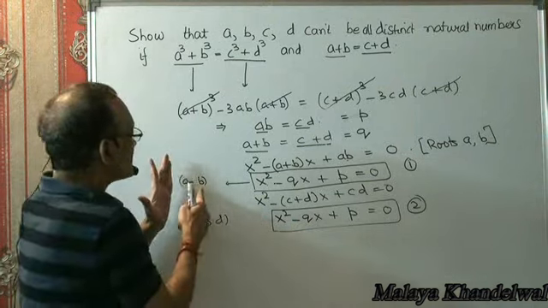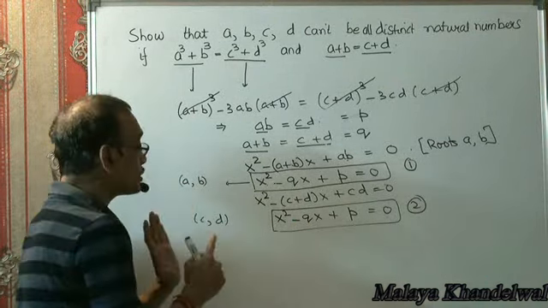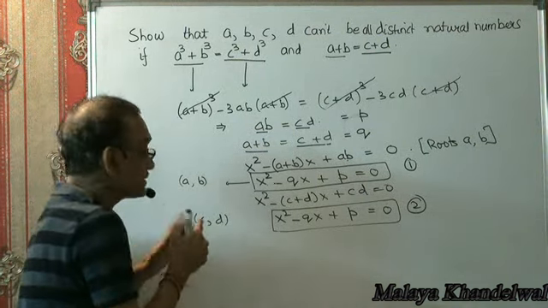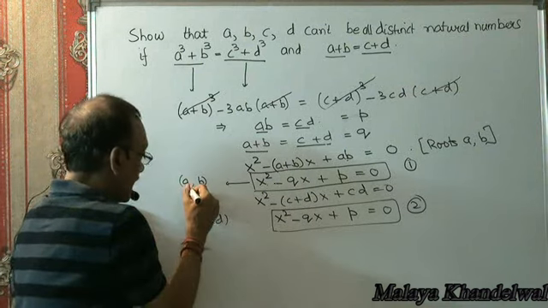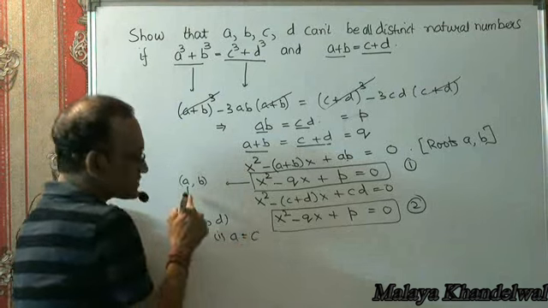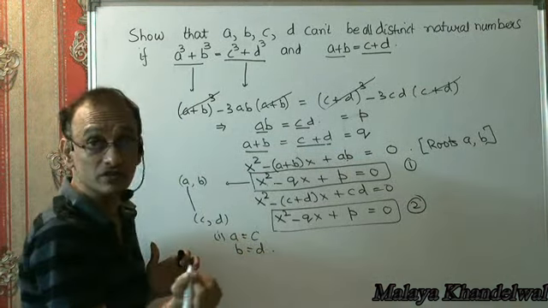Which means the set AB should be the same as the set CD, except that it may appear in a different order. So what are the various possibilities? A equal to C is one possibility and B equal to D, in which case they are not all different.